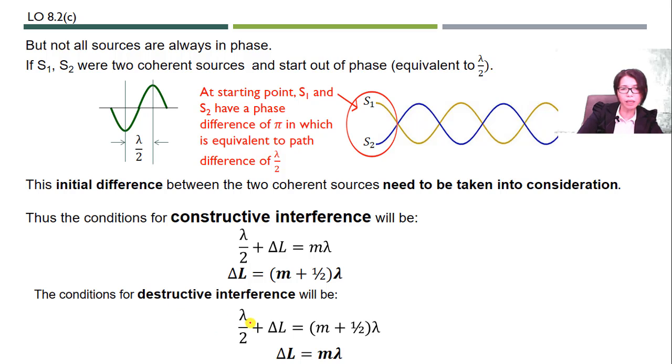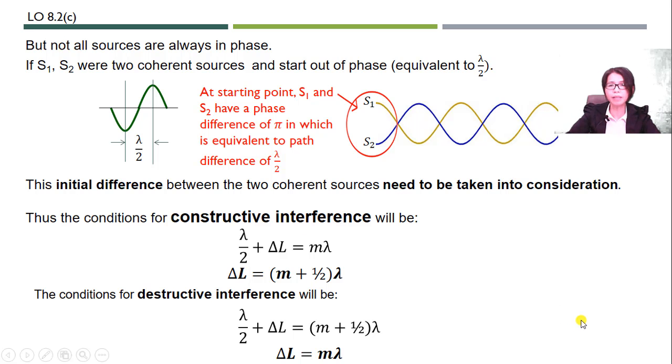We have to take into consideration the initial difference, so we add it to the path difference, and only then do we equate it to the condition for destructive interference. When we rearrange, we will find out that the path difference will equal m lambda in order for a destructive interference to occur.